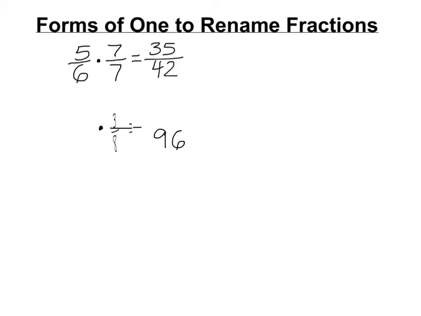So 8 times something is 96. Well, 8 times 12 is 96. This needs to be a form of 1, so if a 12 is on bottom, then on top I need a 12. If I finish this off now, 3 times 12 is 36. So it's 36/96.